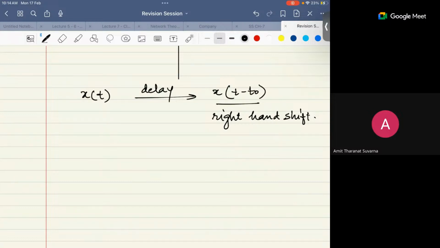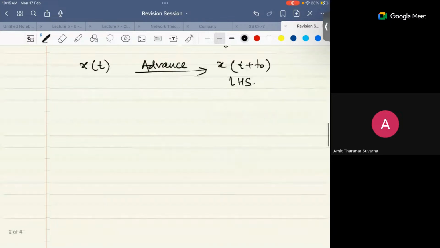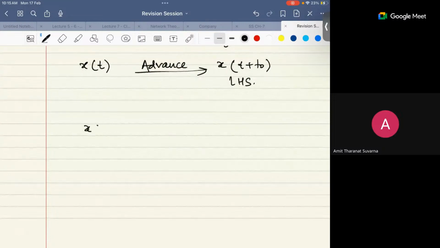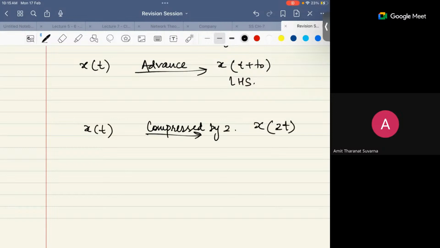Or if it is given as advancing, that you must also know: x of t plus t naught, a left-hand shift. Or x(t) is given and it is said to be compressed by 2 units, that means x of 2t.